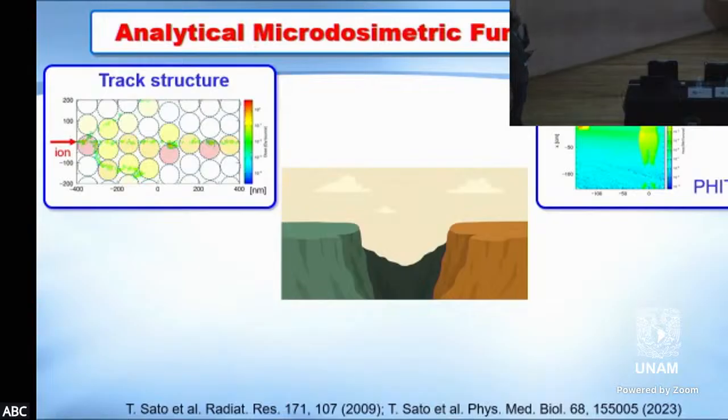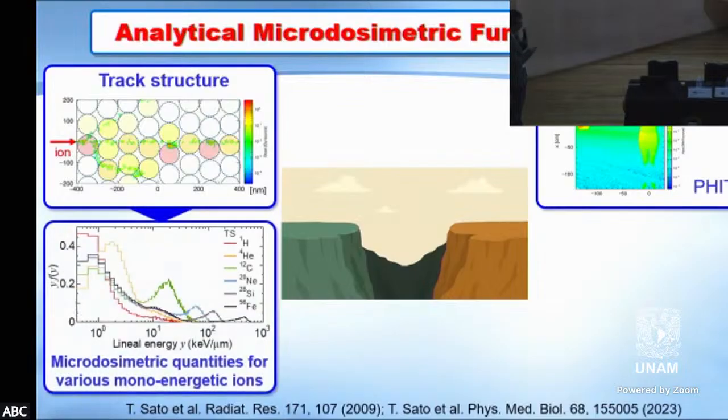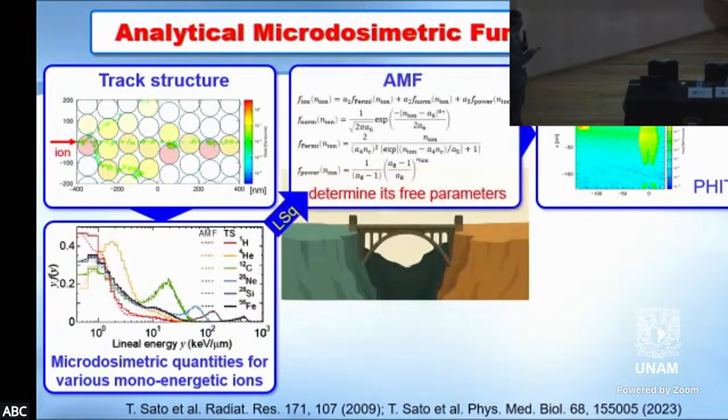For this purpose, first I performed the track structure simulation for various monoenergetic ions and obtained the linear energy distribution like this for different particles with different energies. Then I proposed mathematical functions, rather theoretical ones, to reproduce the shape of these distributions and determined the free parameters by least square fitting to this data.